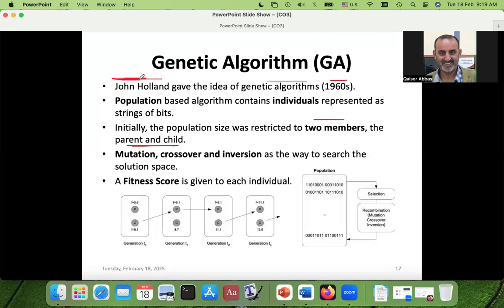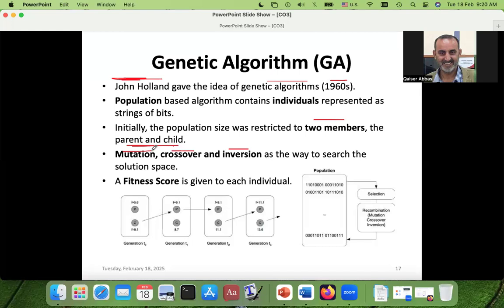From those two members, this person allowed that they can do crossover, they can do inversion. These are the different operations which can be performed for mating.